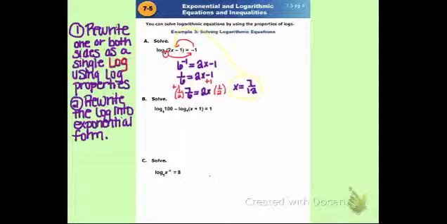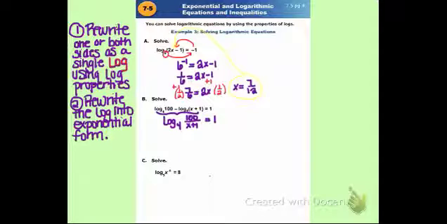If we know we're subtracting two logs that have the same base, we can combine them together and write it as the log of the base and then of the quotient of the two separate logs. So it's going to be log base 4 of 100 divided by x plus 1. Now that equals 1. So we were able to complete step 1, rewrite the left-hand side as a single logarithm.